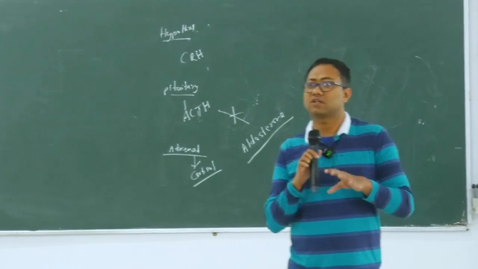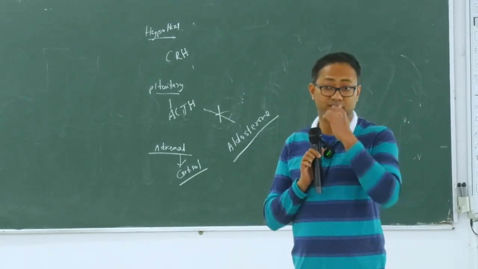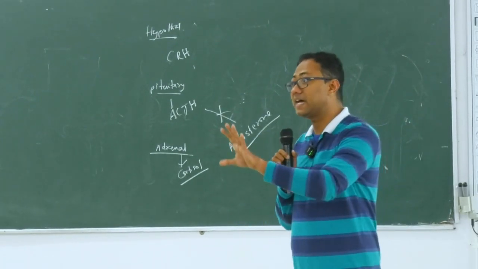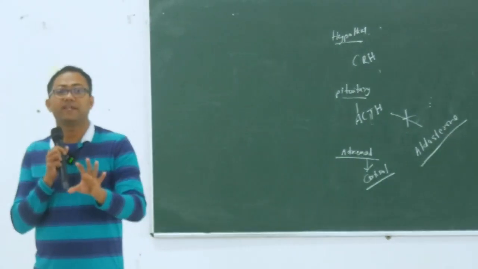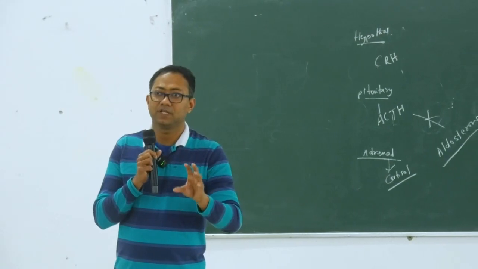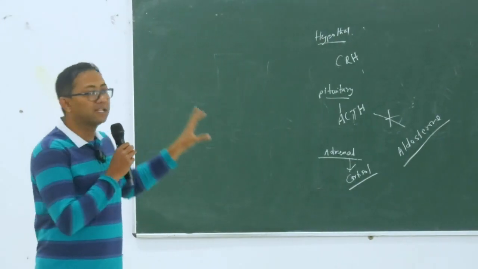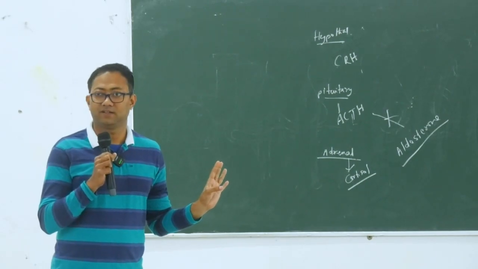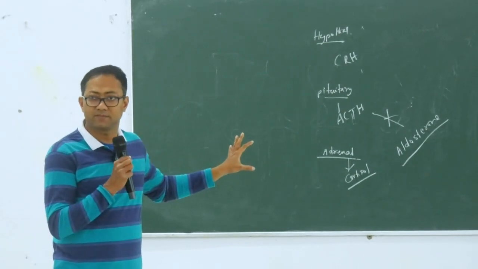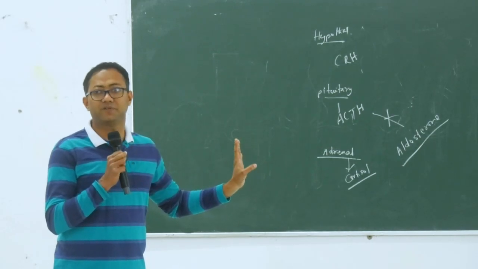Then what are the stimuli for aldosterone synthesis? As aldosterone is not under control of ACTH, in Cushing's disease aldosterone is normal. ACTH is being secreted more, but aldosterone is normal.